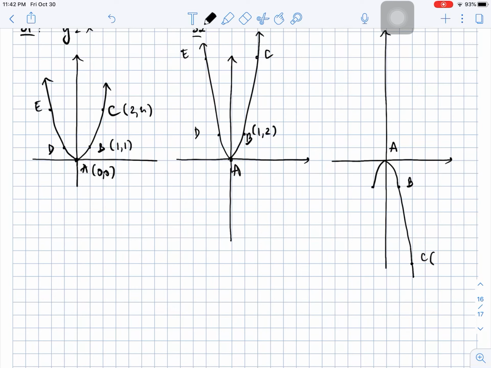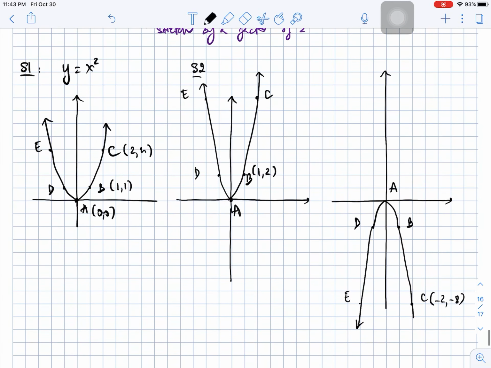So we're going to move them down. The parabola will go up and down. Okay, the A will be the same. The B will become 1, comma negative 2. Similarly for D. And the C will be negative 2, comma negative 8.